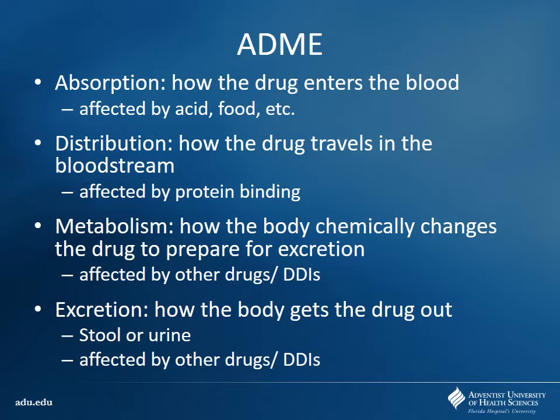Certainly, different GI factors can affect how well a drug is absorbed, like the acidity of the stomach, or other things affecting the pH. If I put in antacids, that would change the pH and might affect how well a drug gets absorbed. A high-fat diet might affect drug absorption as well. Sometimes it'll increase it, sometimes it'll decrease it. We'll talk about those with drug-specific interactions.